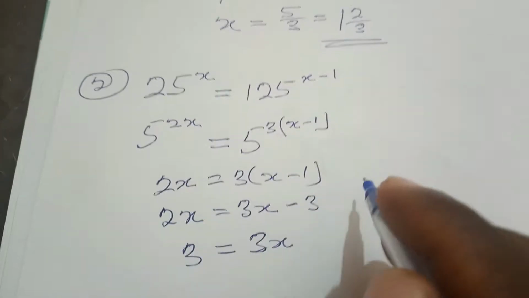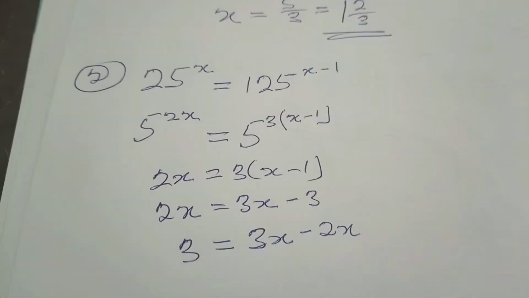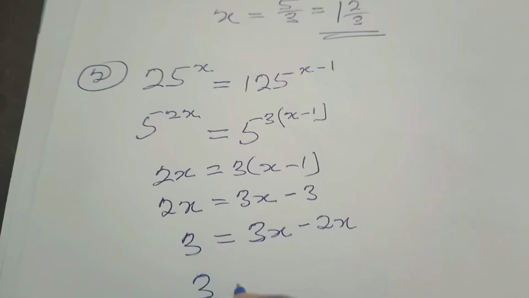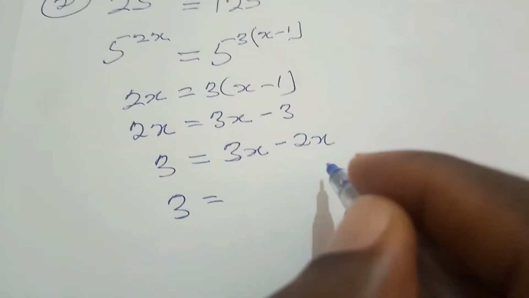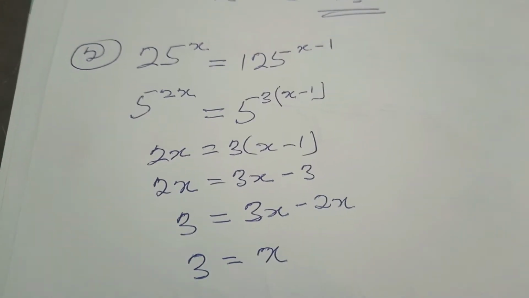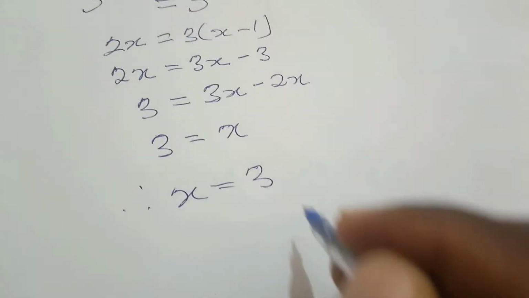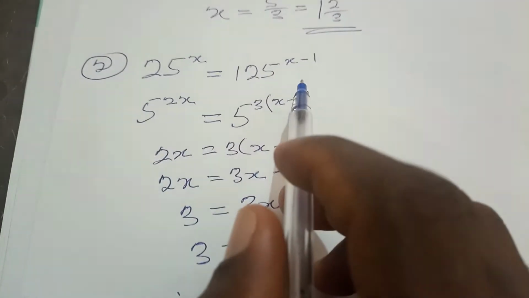Now I'm grouping 2x to join it, and it becomes negative 2x. So 3 will be equal to 3x minus 2x, which is 1x, the same as x. Therefore, our x will be equal to 3. Our x will be equal to 3 for this equation to be true.